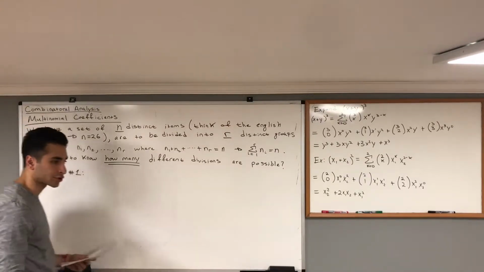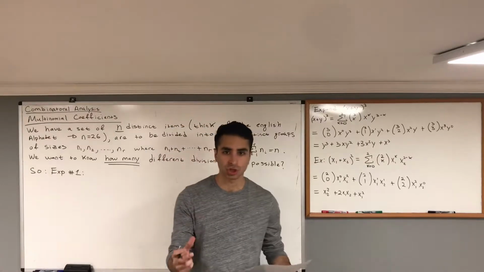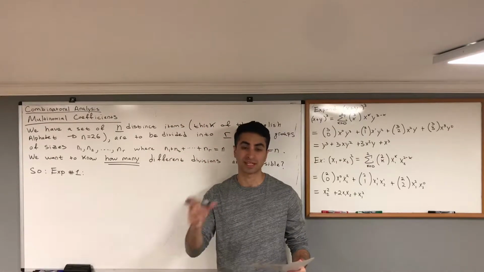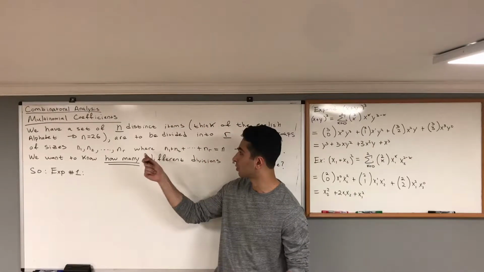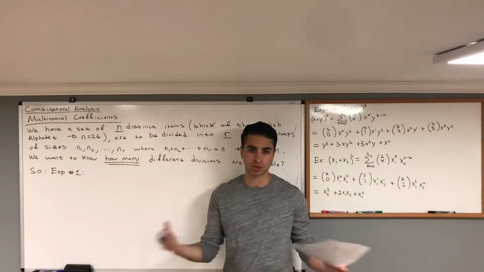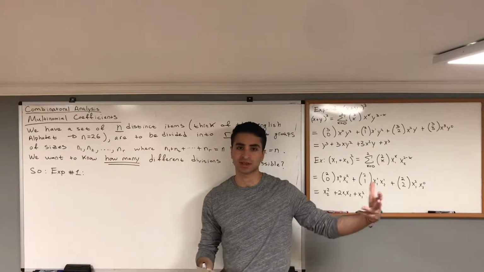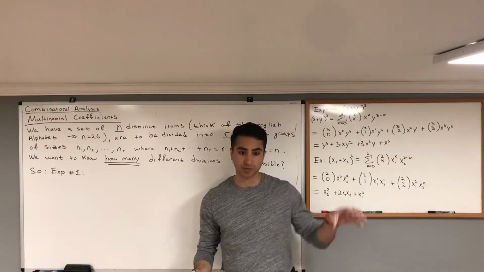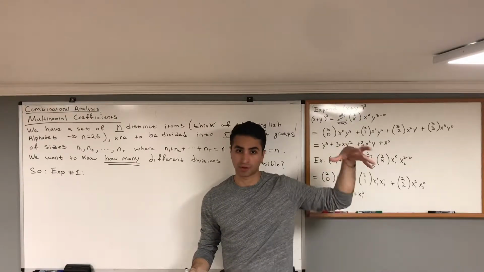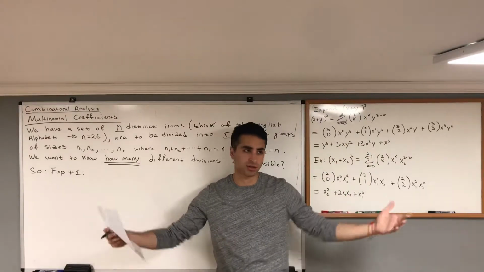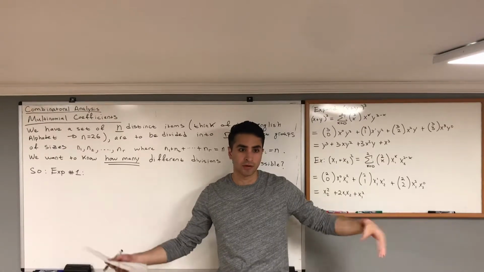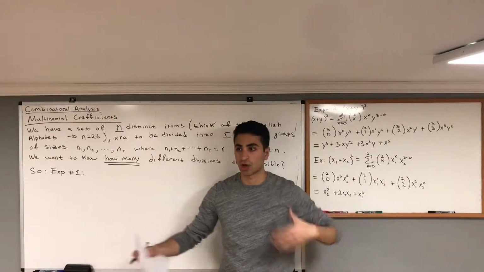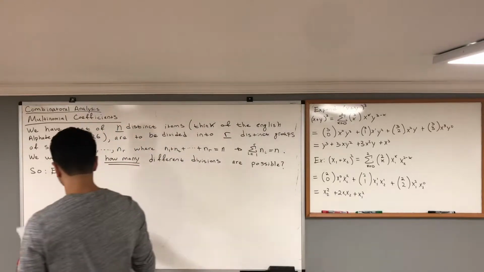Well, for our first group, we have to choose the number of items in that group from the total number we have, right? To start my first group, let's say from the 26 letters in my English alphabet, I have to pick out some number of letters to start my first group. Let's say from the 26 letters, I choose A, B, and C. For my first group, the size is 3. So I have to first choose my first group.